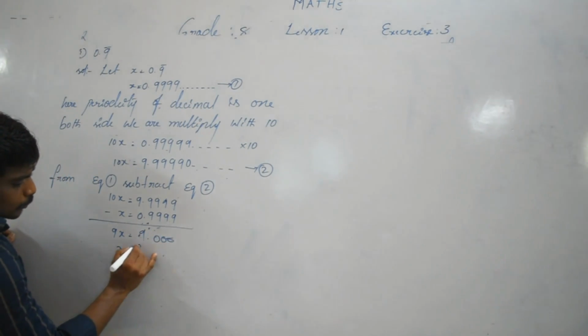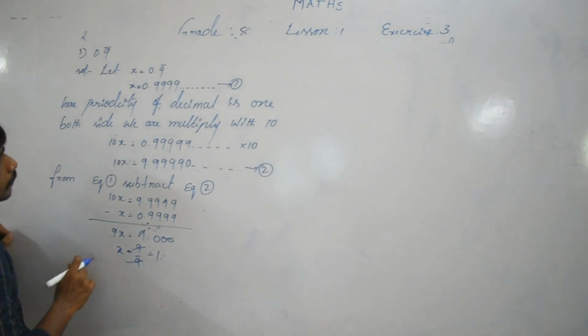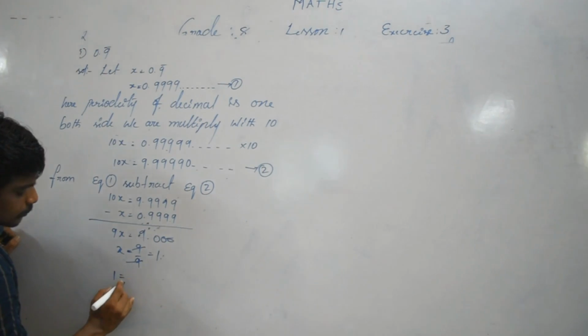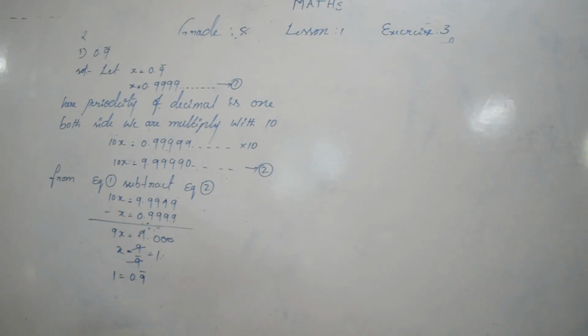So x equals 9 by 9, which is 1. So 1 equals 0.9 bar. Next one.